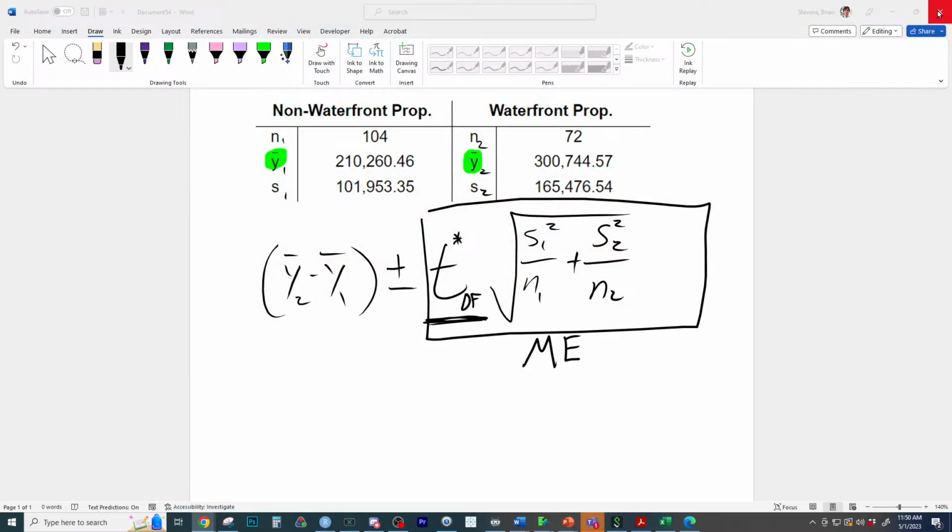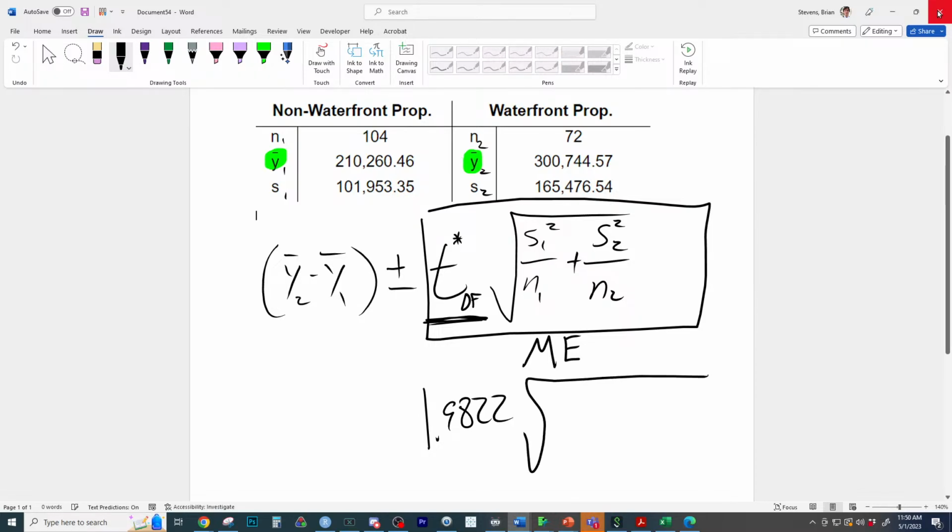We bring that back over here, the t with 1.9822, square root, and then, oh my gosh. If anyone wants to solve this too, go ahead. Oh, those numbers. Gotta square that.